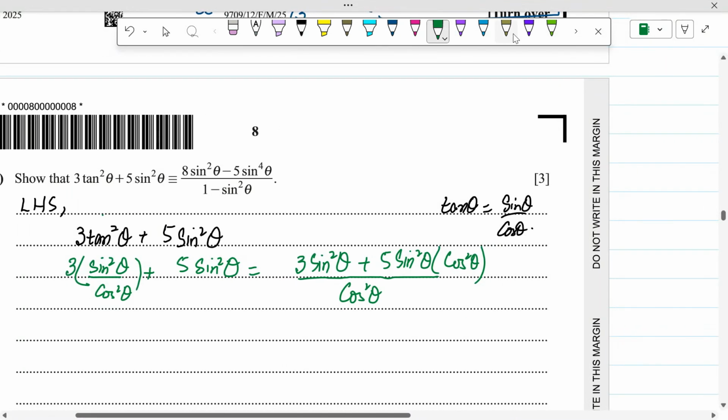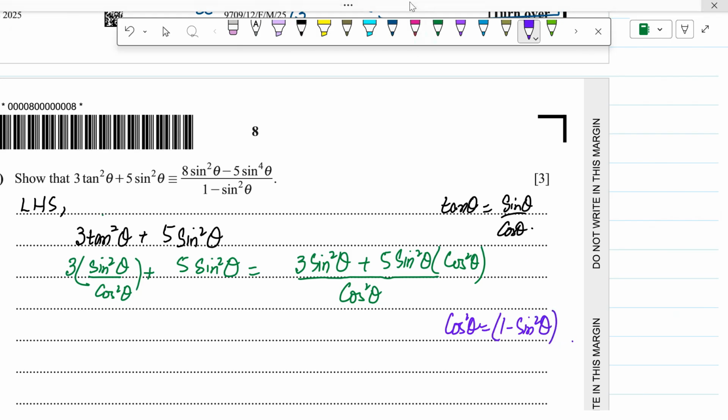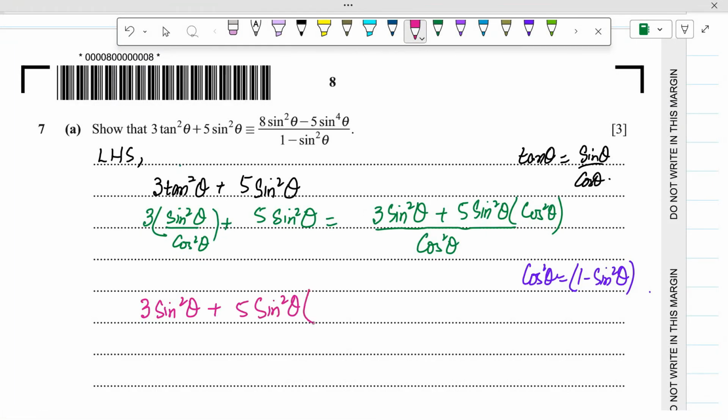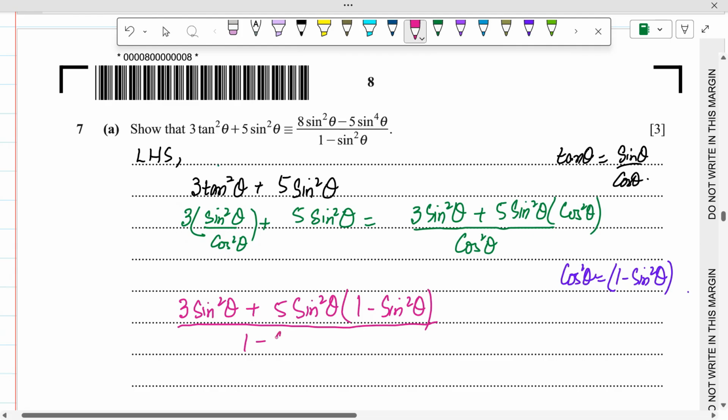And we know that cos square of theta is equal to 1 minus sine square of theta. So plugging this value, we will have 3 sine square of theta plus 5 sine square of theta times 1 minus sine square of theta over cos square theta, meaning 1 minus sine square of theta.